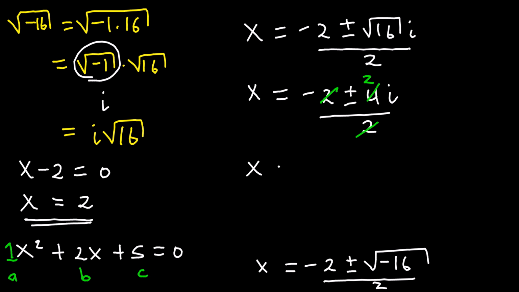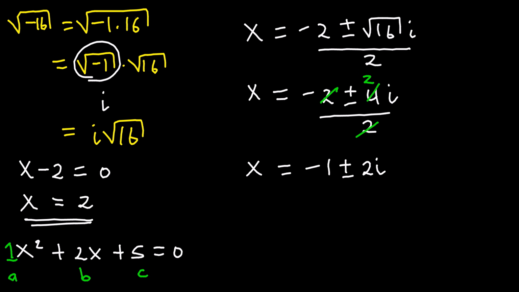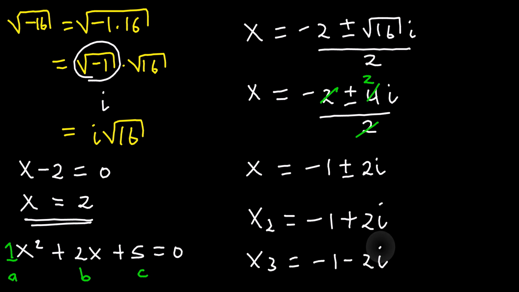So x will be equal to negative 1 plus or minus 2i. Therefore, x2 will be equal to negative 1 plus 2i, and then x3 will be equal to negative 1 minus 2i. Therefore, that's how you can solve such an equation.